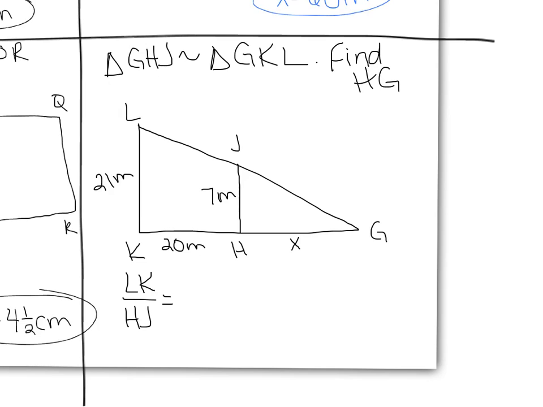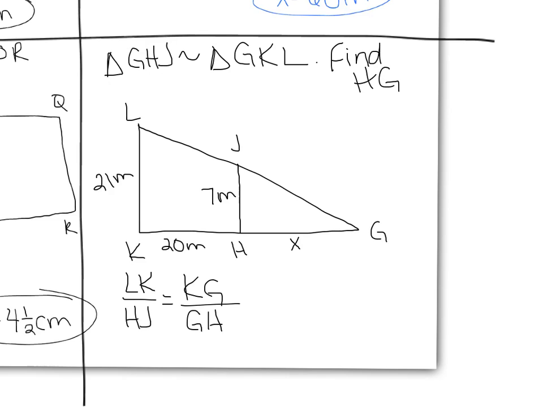So remember, if the numerator was for G, K, L, that has to go in my numerator. So KG is going to be my numerator, and I'm looking for my corresponding side.